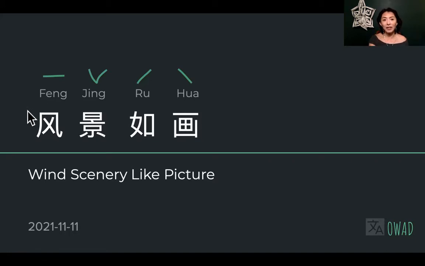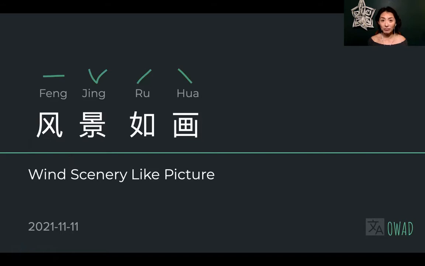And look at the character 风. It has this diagonal cross in the middle to give you a sense of unstable, again, something moving. And the second character, 景, has the sun on the top. That block with the horizontal stroke in the middle means the sun.